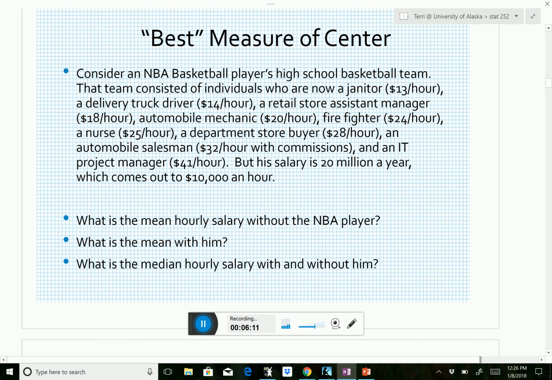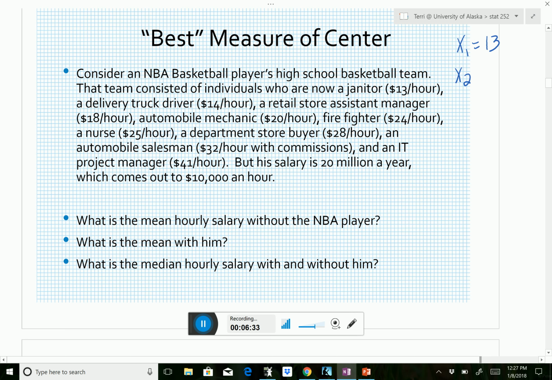Now, one of the ways we can do that is let's think about an NBA basketball player's high school basketball team, and let's look at what those individuals do now. So let's say that team has a person who's now a janitor. They make $13 an hour. So X1 is 13.